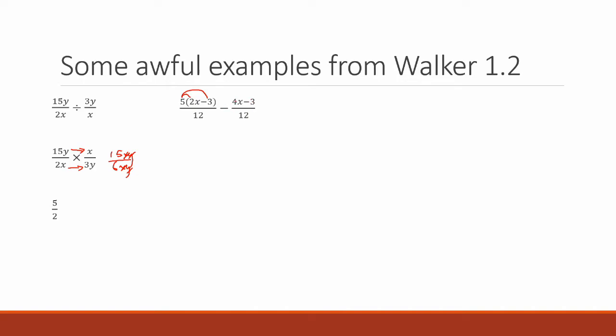What's going to happen is this positive, because there's a negative in front of it, is going to flip to a negative. But because there's a negative in front of this negative here, this minus sign, it's actually going to turn it into a positive. So when I rewrite this, I'm going to have 10x minus 15, here's our first part, now minus 4x here, and minus negative 3 becomes plus 3 over 12.